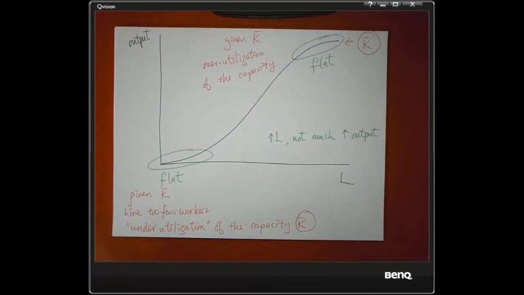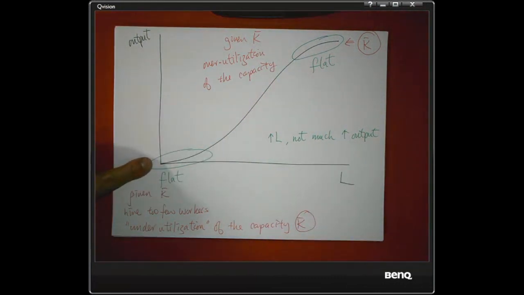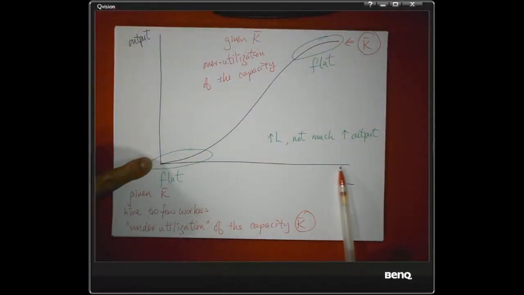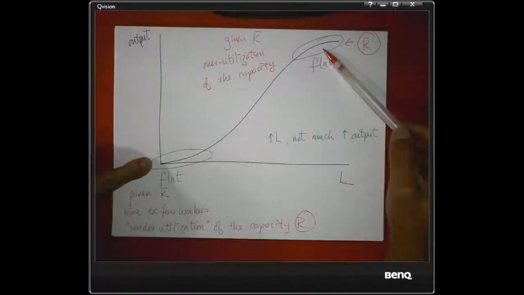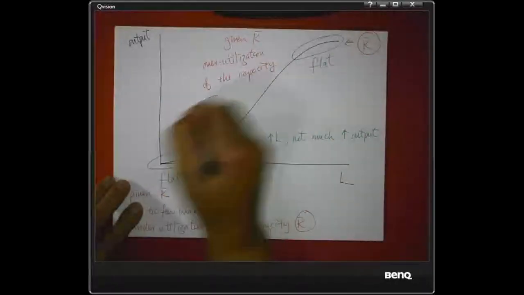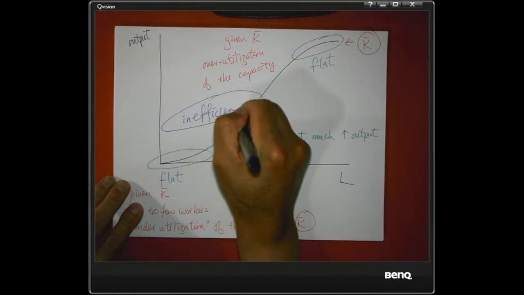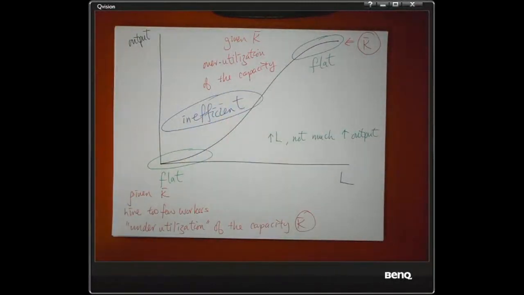Now, whether you underutilize your capacity in the beginning or in the end, if you keep on hiring more and more workers, you end up overutilizing the capacity. Either way, the conclusion is simple. It's inefficient. So why?